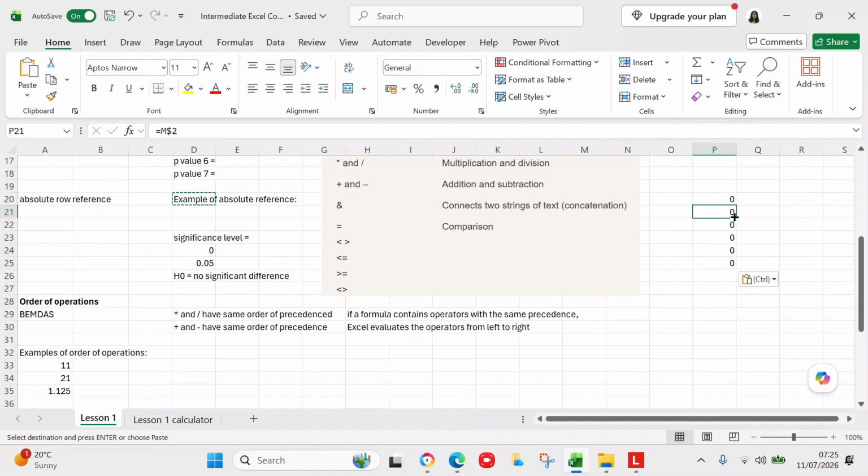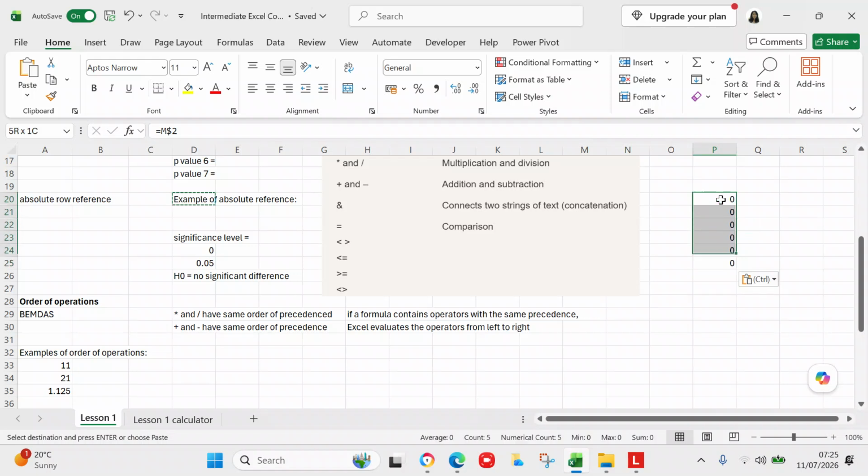So you can see M$2, M$2, M$2. Because the row is an absolute reference, even if you paste it onto other cells, the row is going to continue to be an absolute reference of 2.